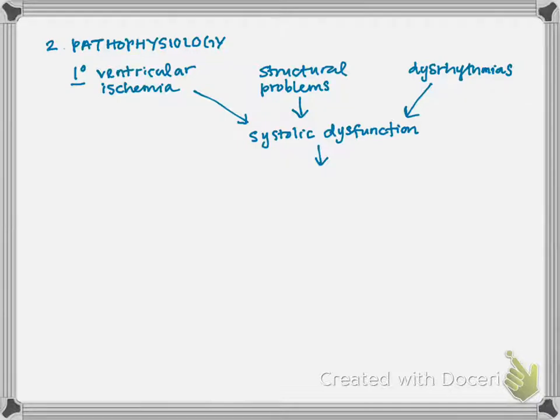So your stroke volume is the amount of blood ejected from the ventricle with each beat, and that contributes to your cardiac output. So if I have a systolic dysfunction pumping that blood forward, that's going to decrease my stroke volume, which decreases my cardiac output, right? Because that's part of my formula. Cardiac output equals stroke volume times heart rate. So decreased cardiac output.